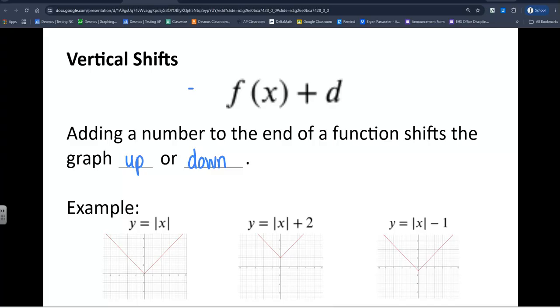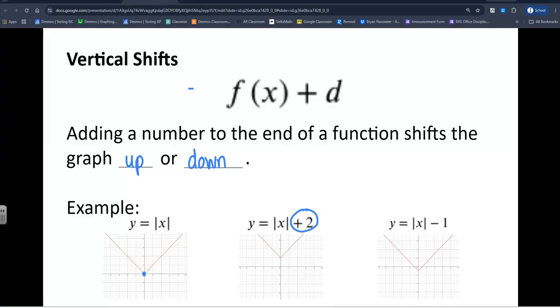Okay, so I've got 3 examples that are already graphed for you. The first is what we just graphed. It is the absolute value of x. It's just that V graph sitting right there with a vertex at 0, 0, right? That's the parent graph. It's like in its home position. Then, if I put a +2 on the end right here, what happens to that graph?